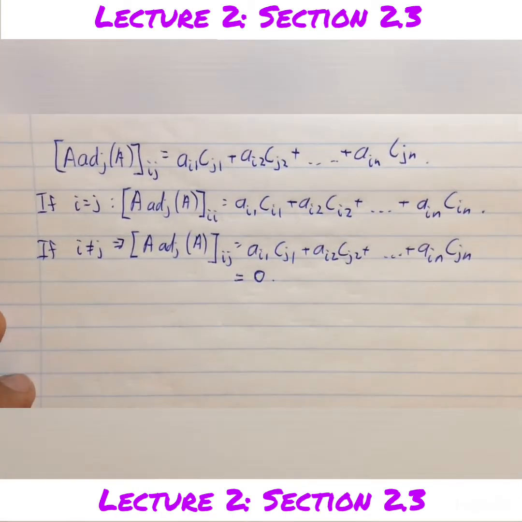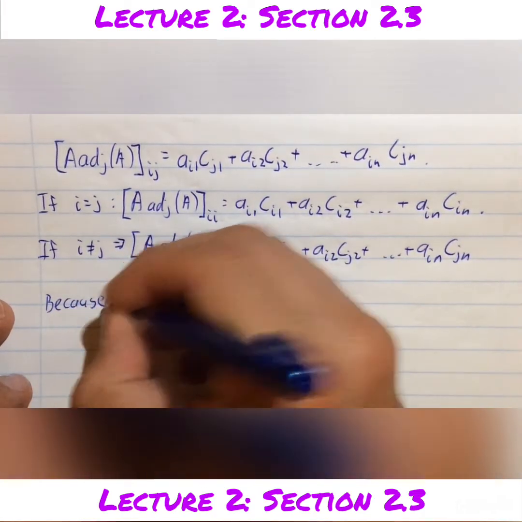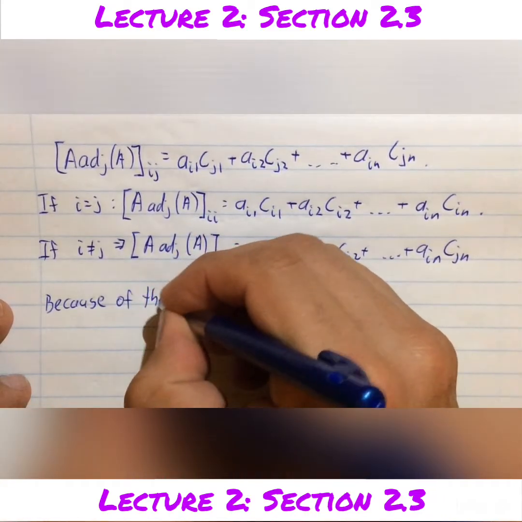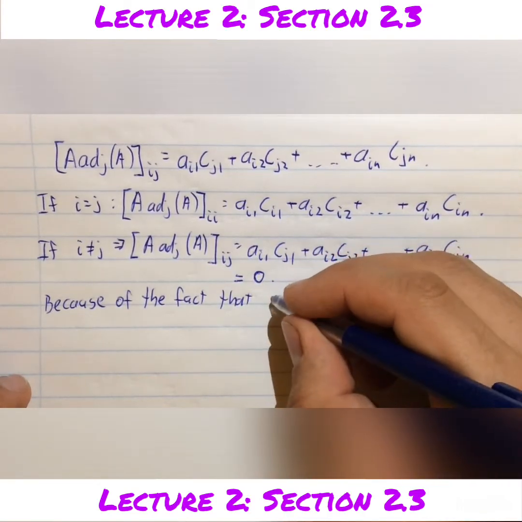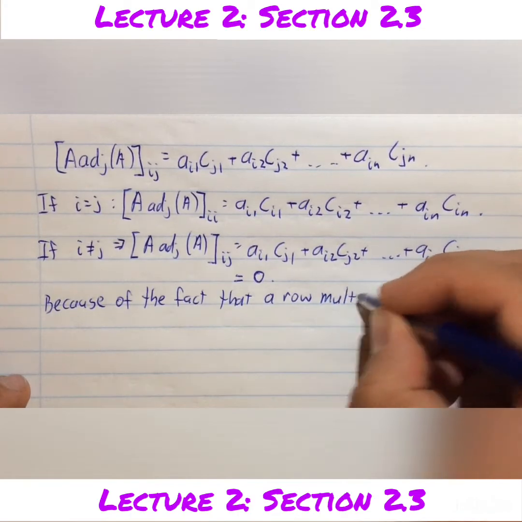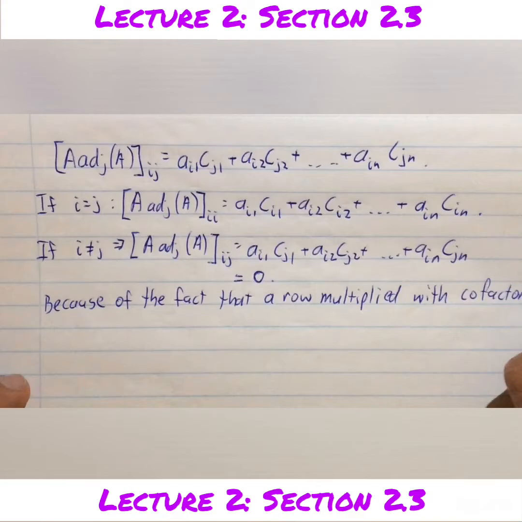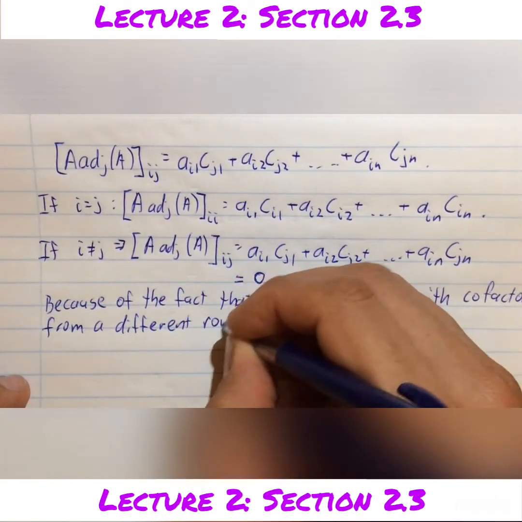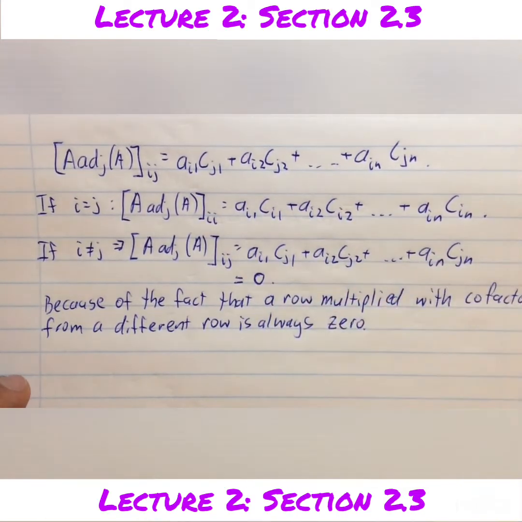That's always 0, and it's 0 because of the fact that a row multiplied by the cofactors of a different row is always 0.